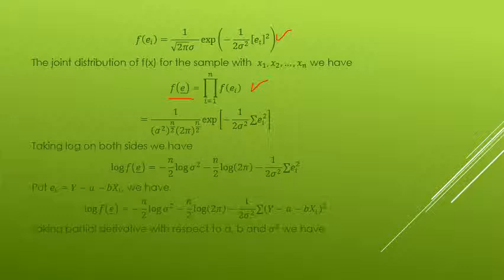If you want to learn more about the joint distribution and likelihood function, you have to consult the statistics books, such as Sher Muhammad Chaudhary's Basic Statistics. There is a whole chapter on the maximum likelihood method, the least squares method and the method of moments.